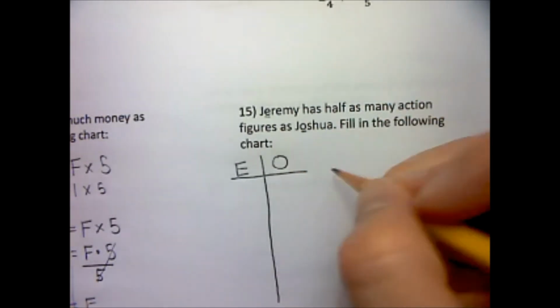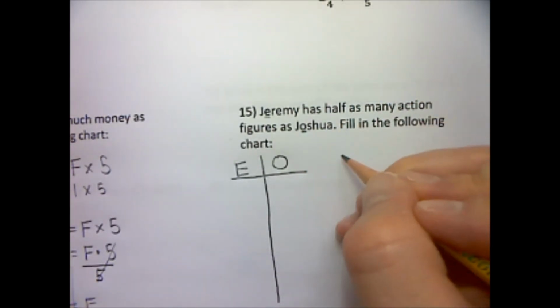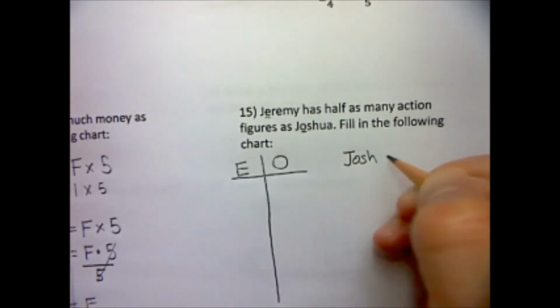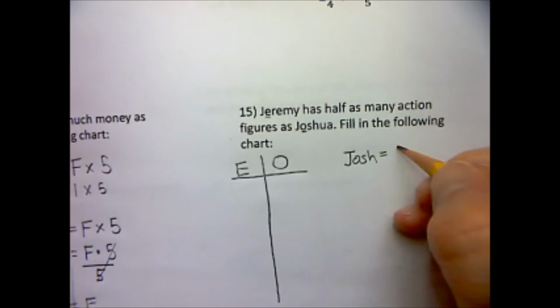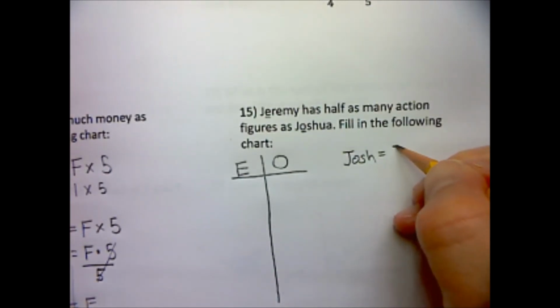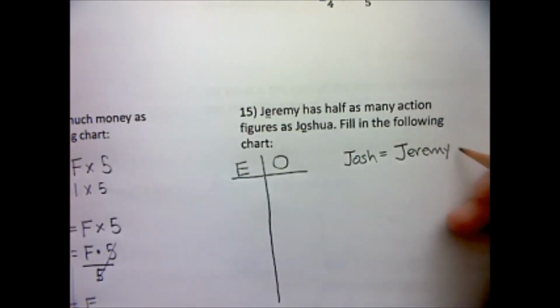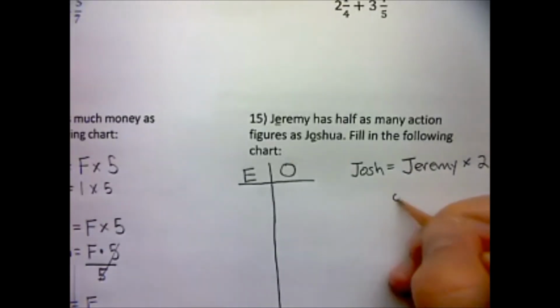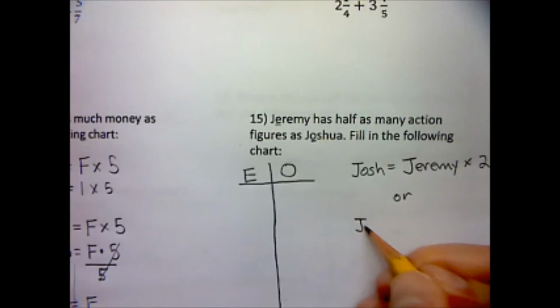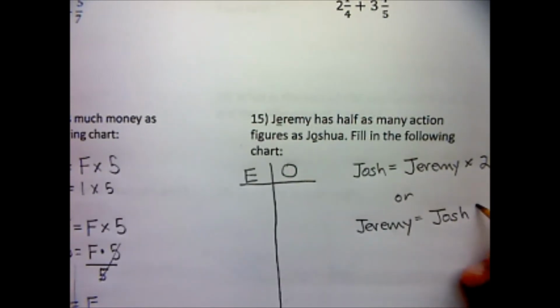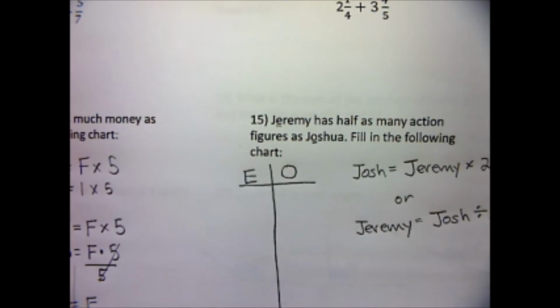So we'll take Jeremy, or Josh, and that will equal whatever Jeremy has times 2. Or you could put Jeremy, whatever Jeremy has is equal to whatever Josh has divided by 2. You can use either equation.